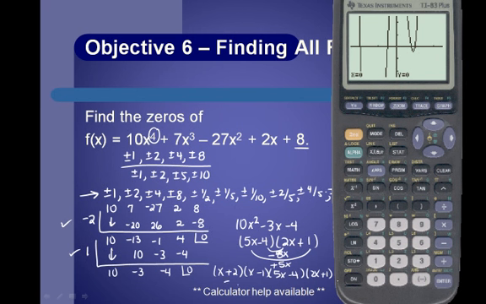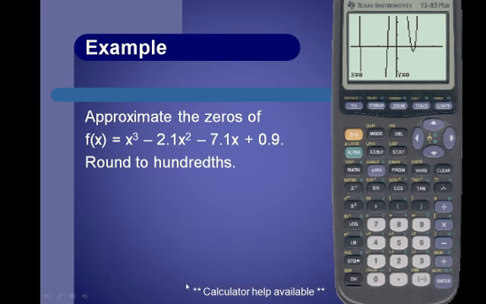So that would give us -2, 1. If you set 5x minus 4 to 0, you're going to add 4 and divide by 5, so that would give us 4/5. If 2x plus 1 is equal to 0, we're going to subtract 1 from both sides, divide by 2, which would give us -1/2. So that would be our 4 zeros of this function.